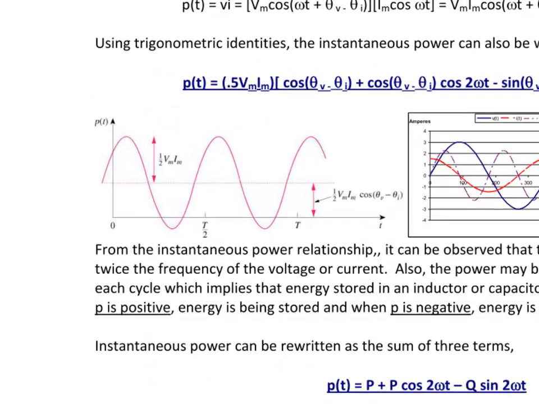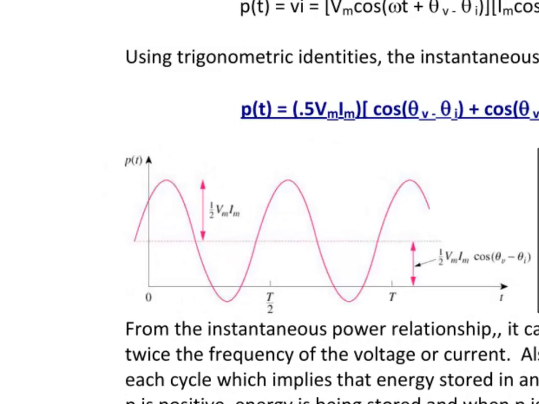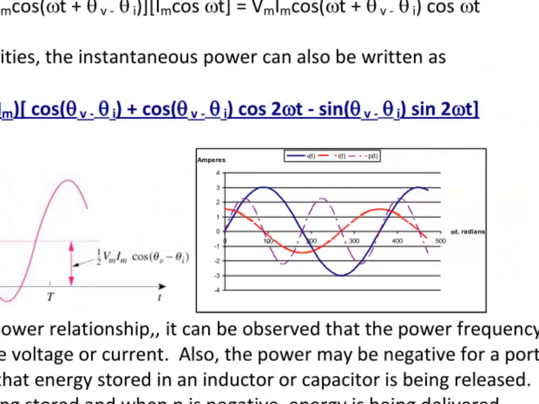If we created a graph of this instantaneous power expression, what you would see is that it has twice the frequency of the voltage and the current, and also that it does not have an average value of 0. In other words, there's a DC offset. That DC offset is 1/2 V sub m I sub m cosine(theta V minus theta I).